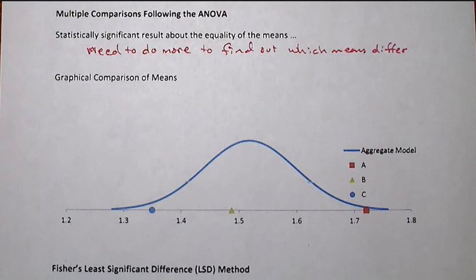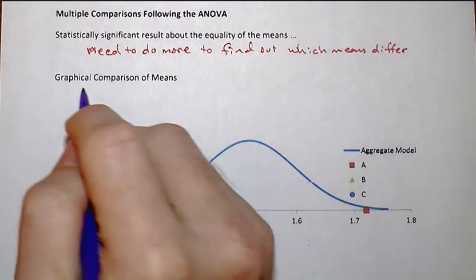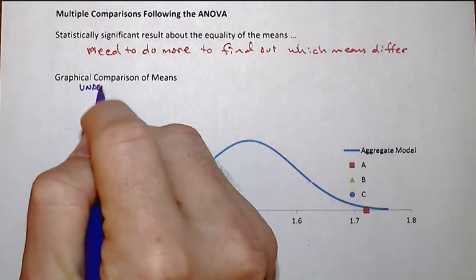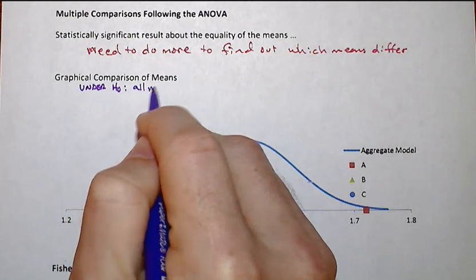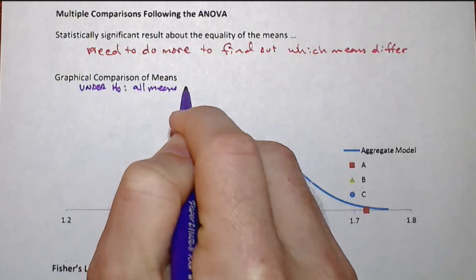Okay. The graphical comparison of the means is very much a seat of the pants approach. It keeps in mind that under our null hypothesis, all the means were equal.